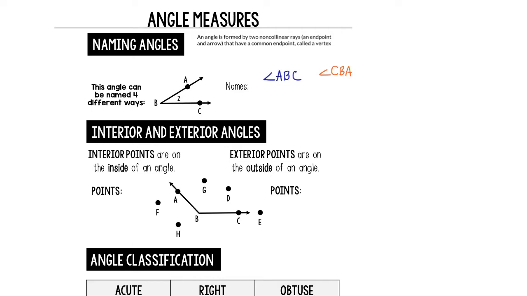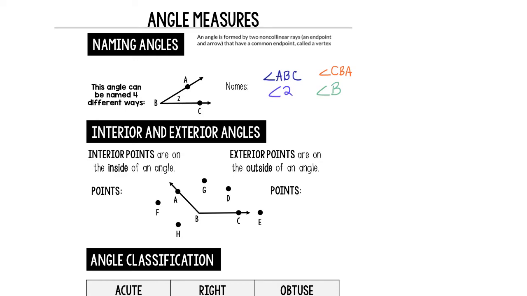This particular angle also happens to have a name right here in the center, angle 2. So we can call it angle 2. Last but not least, we can call it just by the vertex since there's only one angle coming from this vertex. So this is angle B as well. Four different names, one little angle.